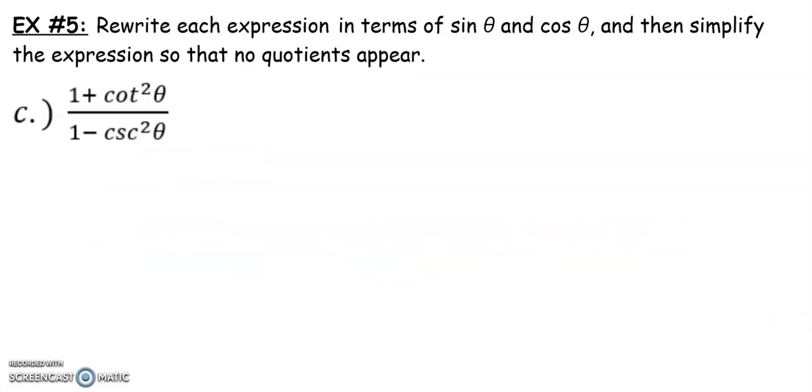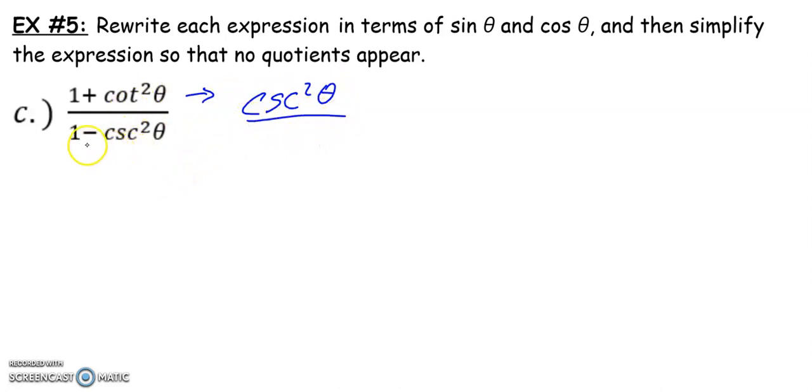All right, let's hit this up. 1 plus cotangent squared theta over 1 minus cosecant squared theta. But think of our Pythagorean identities again. Our Pythagorean identities are right there in the middle of our identities. 1 plus cotangent squared theta is going to become cosecant squared theta, making it simpler, we want less stuff.